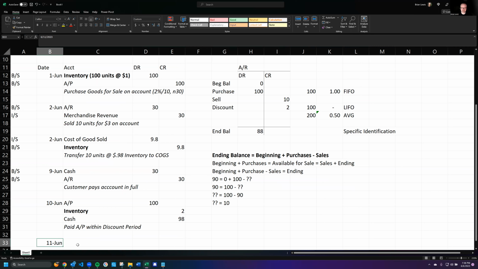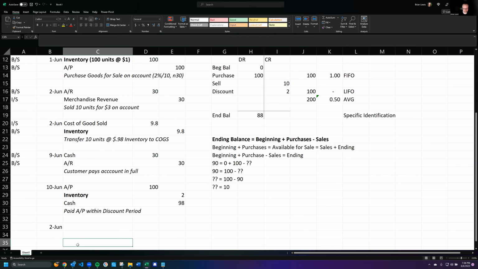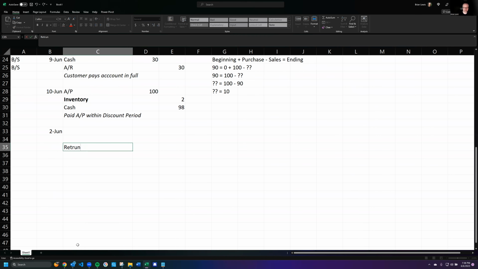Let's say on 6/2, I actually identified that there were some damaged goods. Let's see, returned, damaged goods.